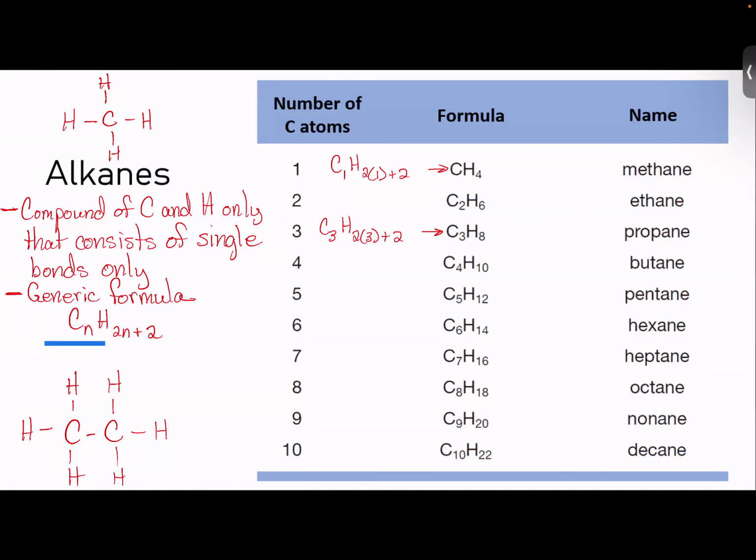So if I said hexane, what would you give me for the formula? C6H14, because hex is 6. If I give you C3H8, what would you give me for the name?